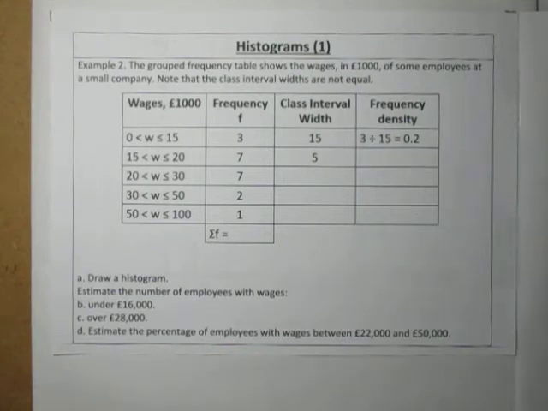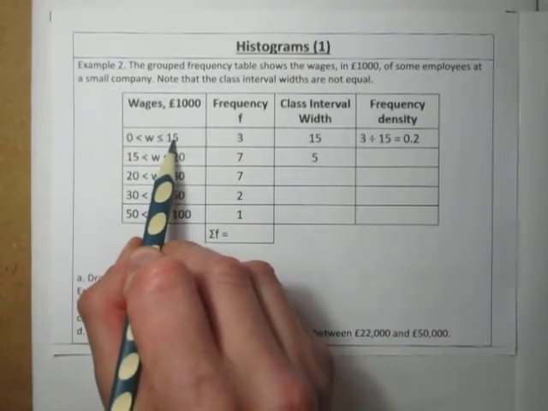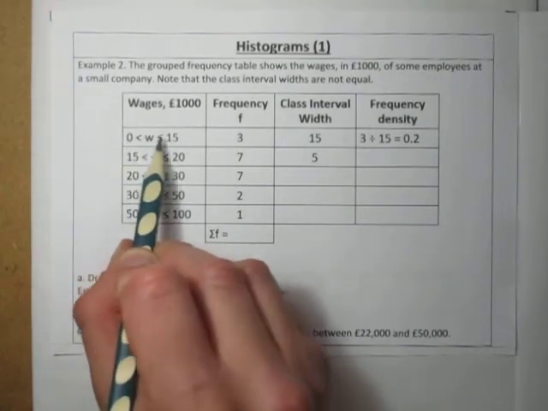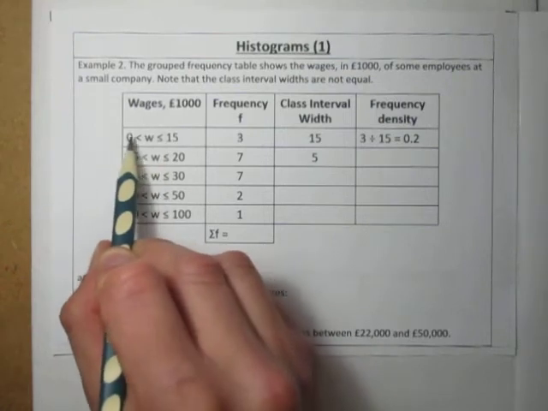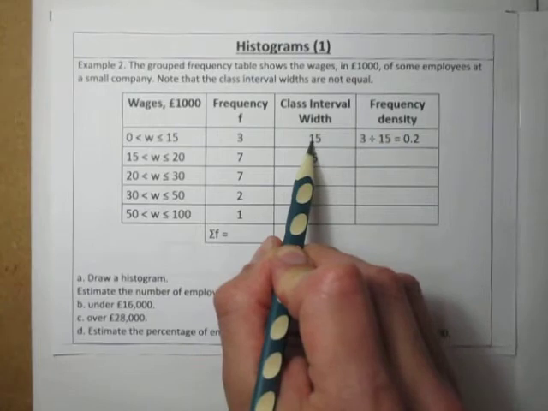Okay, so what we need to do to start off with is calculate this value of frequency density. Remember that frequency density is equal to frequency divided by the class interval width. So it might make sense to find the class interval width in each case. From 0 to 15,000, the interval width of that group is 15.